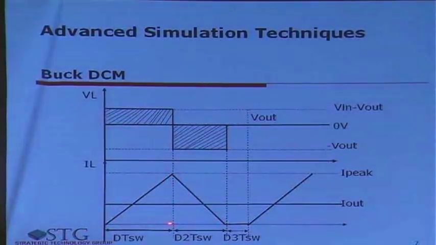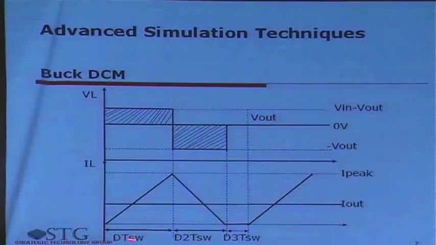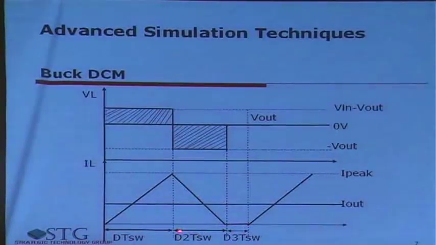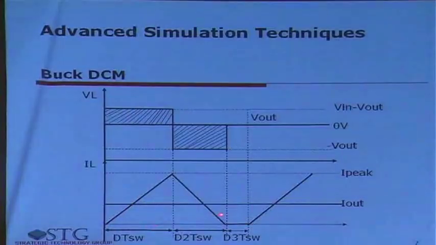Now it can come to 0 anytime after, let's say, D, right? And when it comes to 0, we call it D3. So there's a D2 and there's a D3. We divide the one time period for the inductor current into 3 parts, D, D2 and D3, okay?